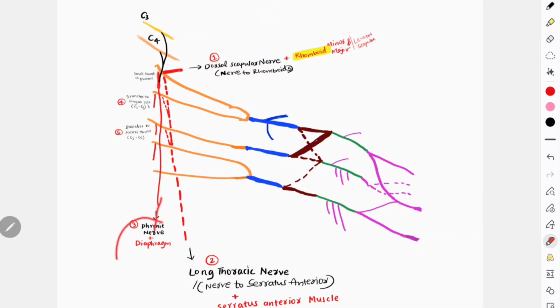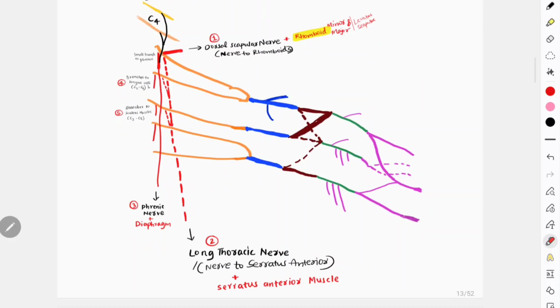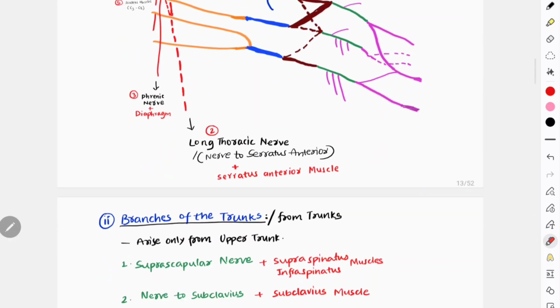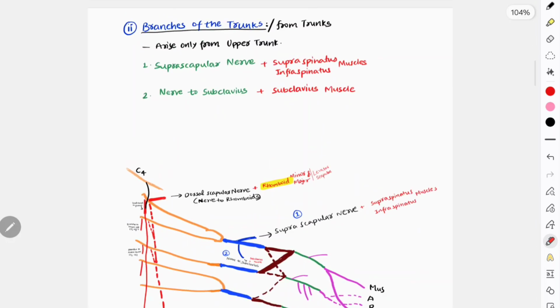It further forms the phrenic nerve, which goes and innervates the diaphragm. The fourth one is the branch to longus colli, from C6, and here C2 to C6 also give its course. And the branch to scalene muscles: one, two, three. So these branches from the roots we have completed.